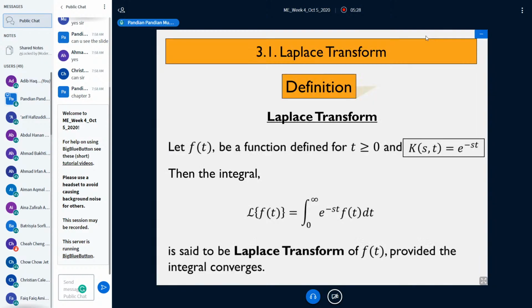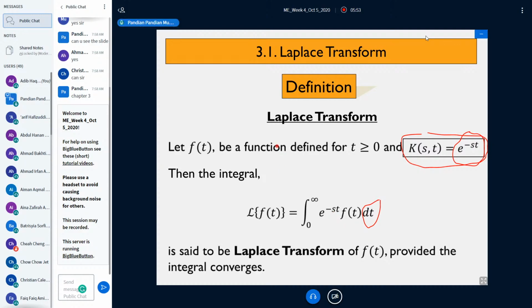So K(s,t) equals e to the power of minus st, a very particular case. What is s? s is the parameter, t is the variable. So you integrate with respect to dt, time, not with respect to s. s is the constant.